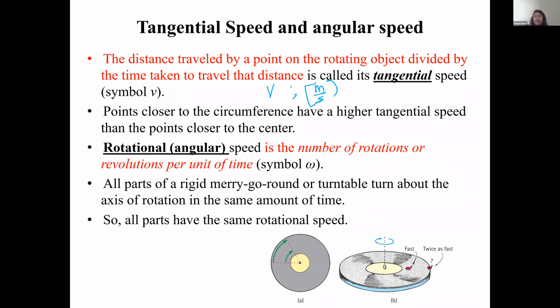Angular speed, or rotational speed, means you are measuring radians per second, and we use the letter omega for angular speed. So when you have two bugs on the merry-go-round or the rotating disc, they have the same angular speed but different tangential speeds. That's the main part we discussed so far.